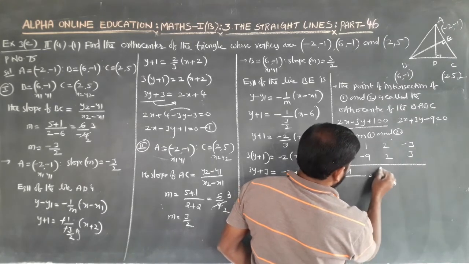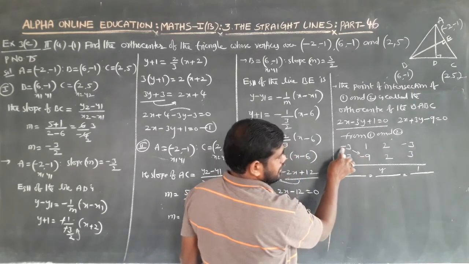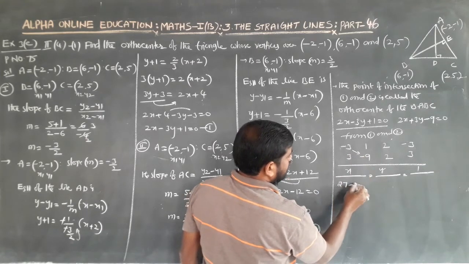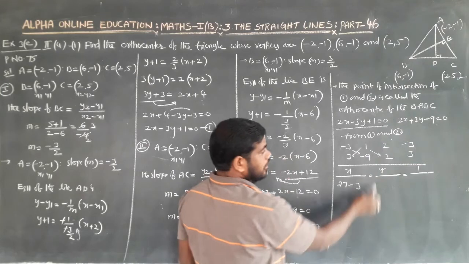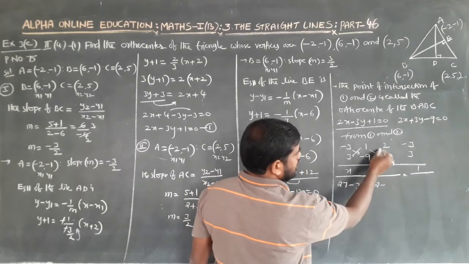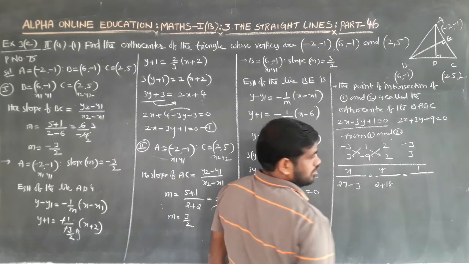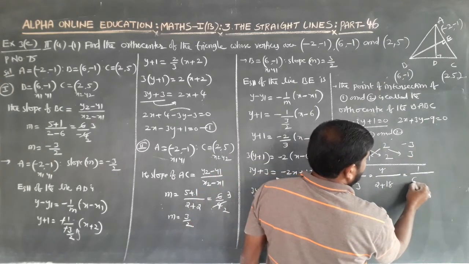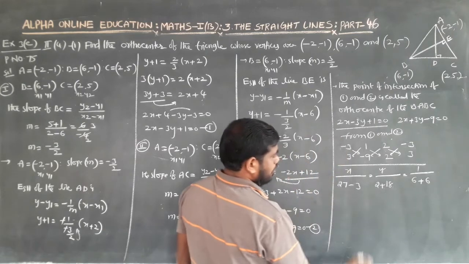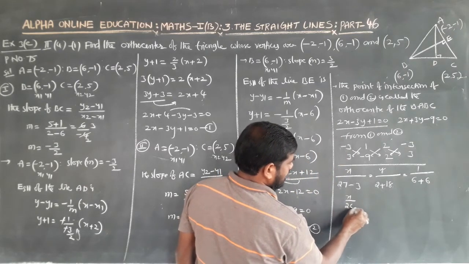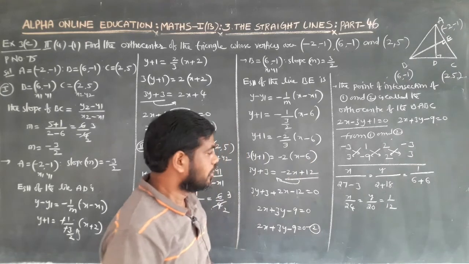x by (BC minus AD... ) is equal to y by ... is equal to 1 by ... Using the cross-multiplication method: x by 27 minus 3, that is 24, y by 2 plus 18, that is 20, 1 by 6 plus 6, that is 12.